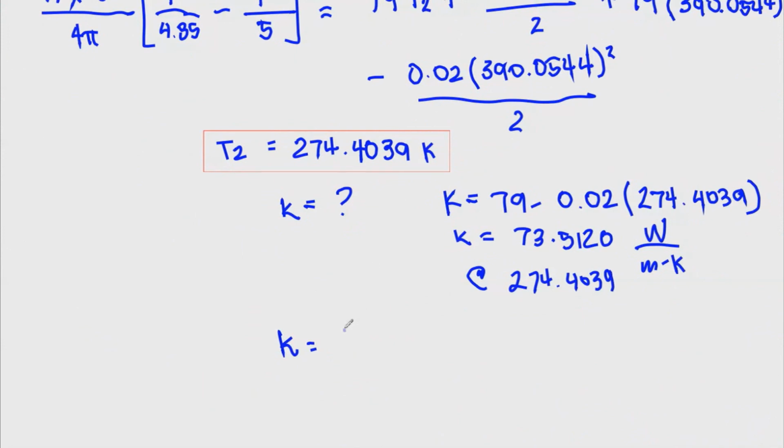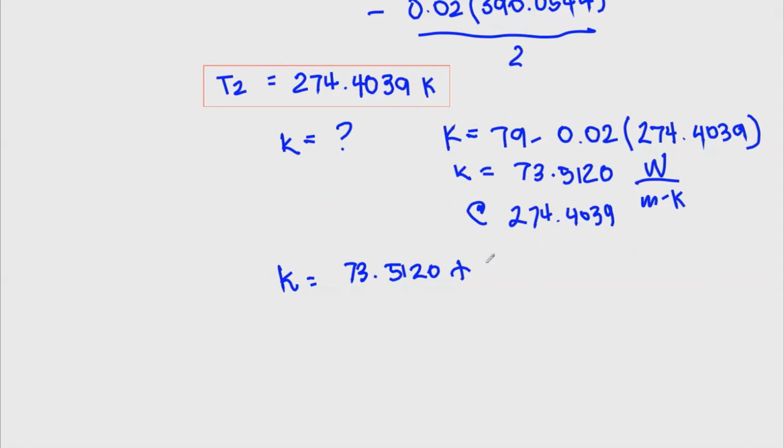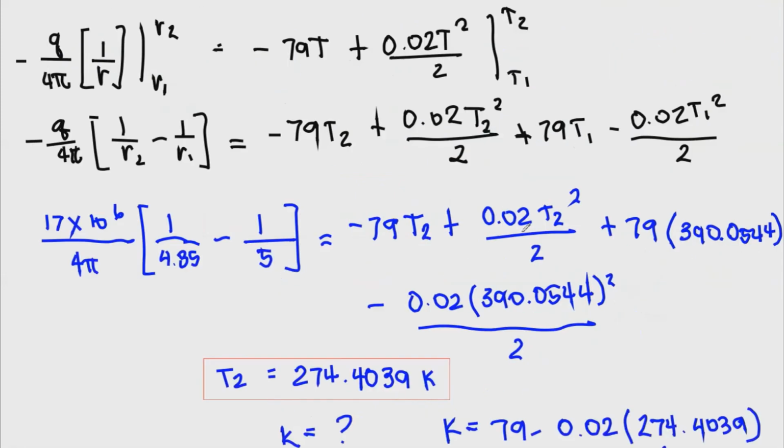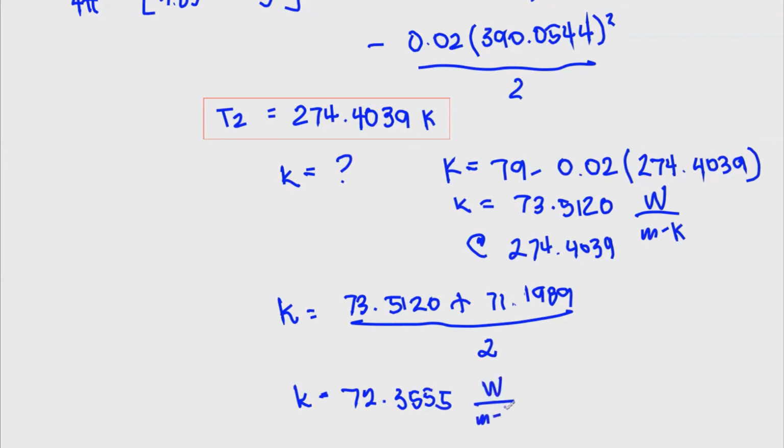So we have 73.5120 plus 71.1989, and then, okay. So with that, our answer would be equal to 72.3555 watt per meter Kelvin.